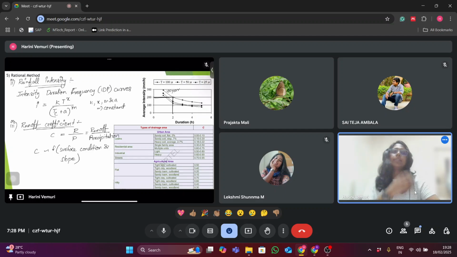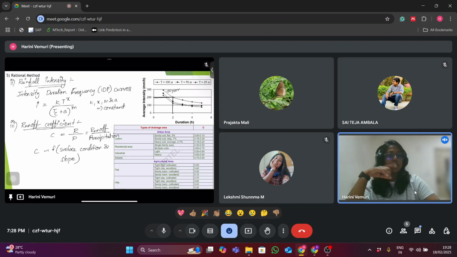Because we have seen that based on the land cover on the surface, the runoff will change, and also based on the slope, whether it is a steep slope or mild slope, the runoff volume will change. Here we can see that for different land use covers, and also based on the soil type and the slope of the surface, different runoff coefficient values have been defined. Using these values, we get the runoff coefficient.